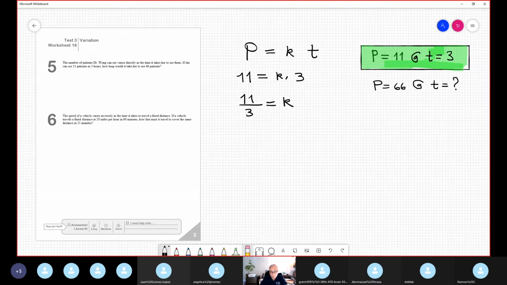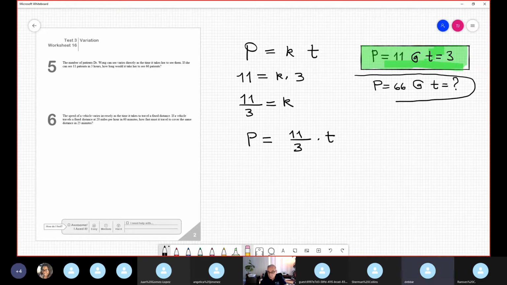Then I set up the equation again, but now I know K is 11 over 3, multiplied by T. In condition 2, I know that the number of patients is 66. So if you replace, 66 is equal to 11 over 3 times T. You need to solve for T.